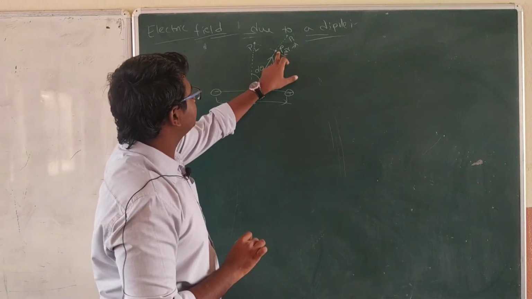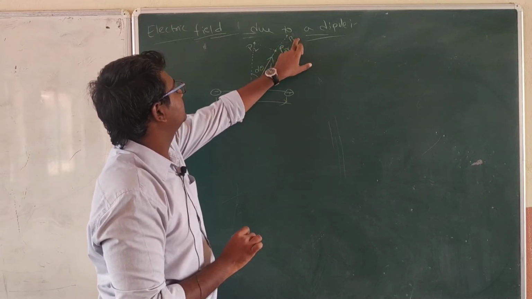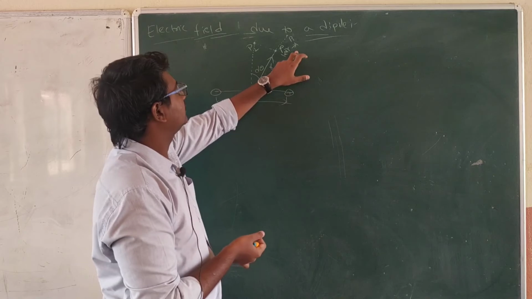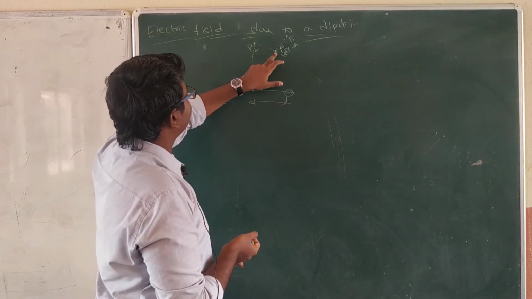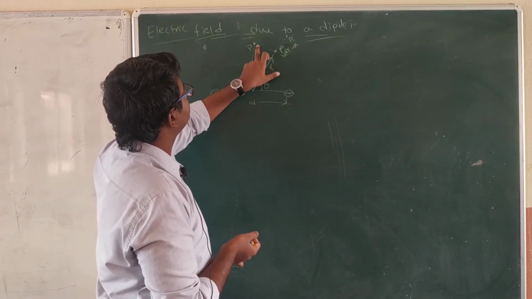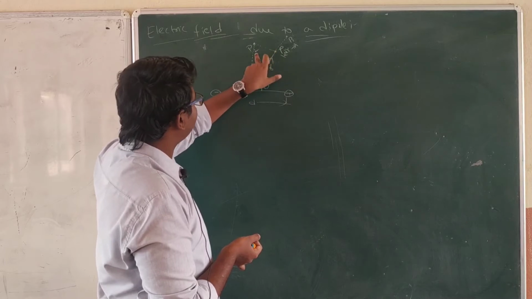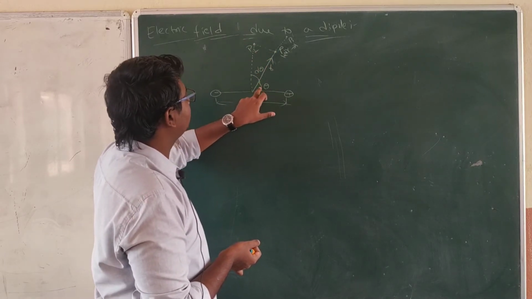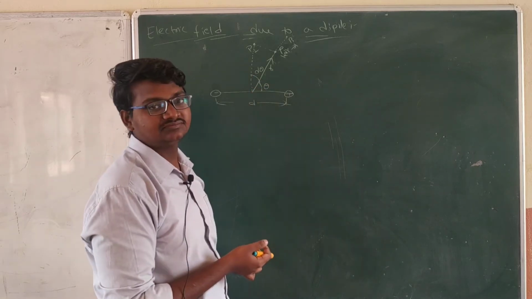For the displacement from P to P1, the distance is changed by dr. For the displacement from P to P2, the angle is changing from theta to theta plus d theta.